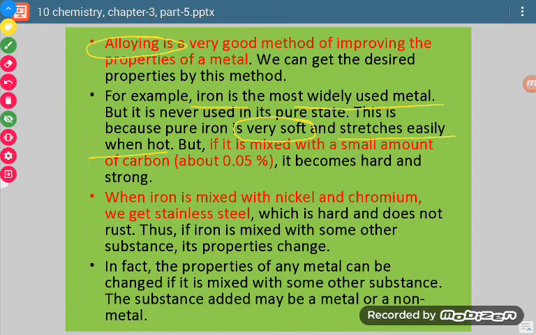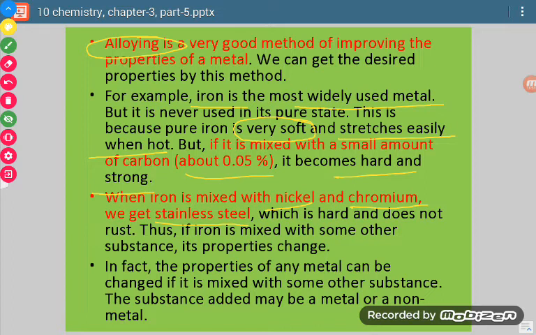But what we do, if we mix it with a small amount of carbon, how much carbon? About 0.05%. If we mix it with 0.05% carbon, then it becomes hard and strong. Now when iron is mixed with nickel and chromium, then we get stainless steel. There are so many uses of stainless steel.